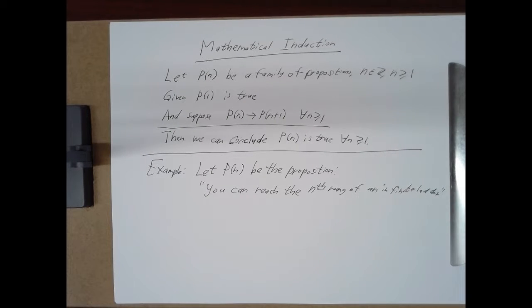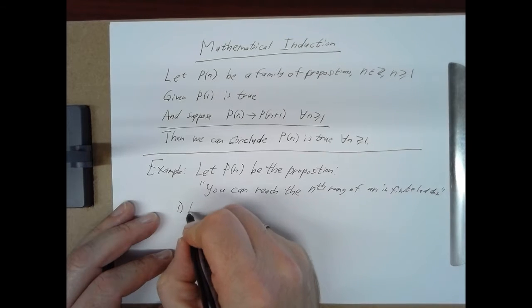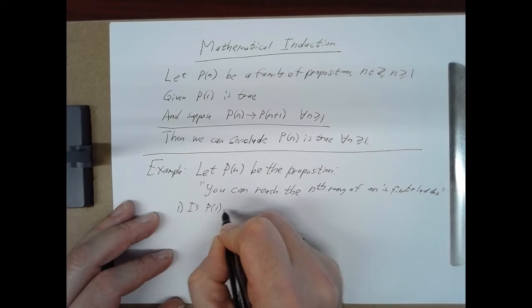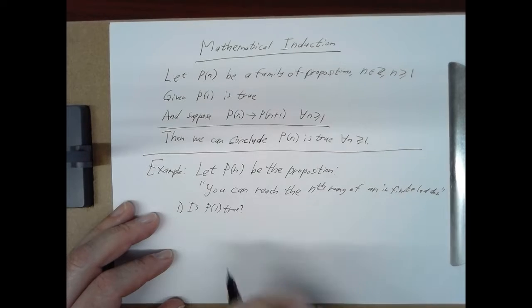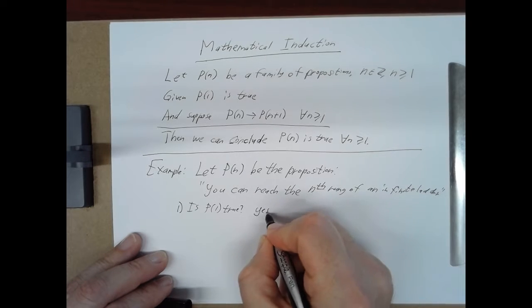And P of n is the proposition that you can get to the nth rung of that ladder. So P of a million says you can get to the millionth rung. Okay, so we have to figure out if two things are true. Is P of 1 true? Well, I'm going to say the ladder is sitting right there. There's nobody guarding it. You're totally free to go and stand on the first rung. Okay, so P of 1 in this case is going to be true.